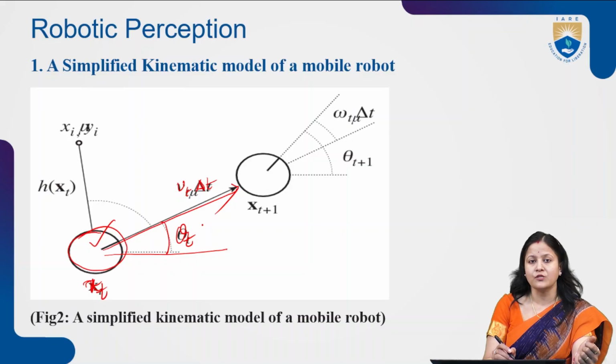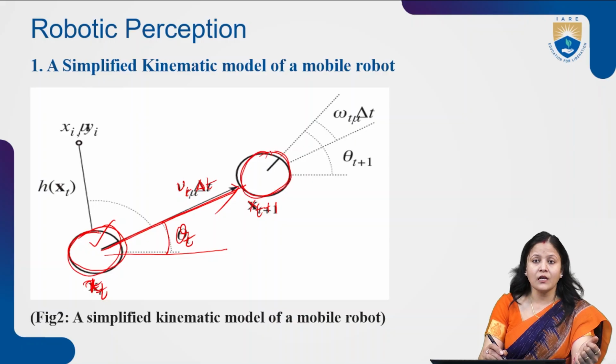This is also possible. Now if the robot moves in a straight line, which is called forward movement, from this xt it can reach xt plus 1. This is the destination location, and this is the initial location.